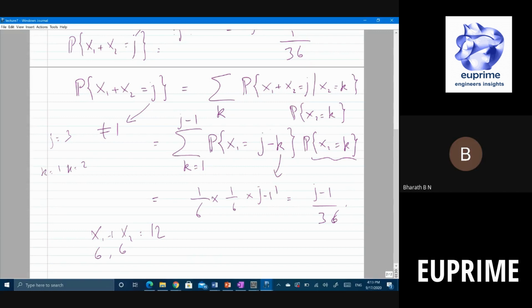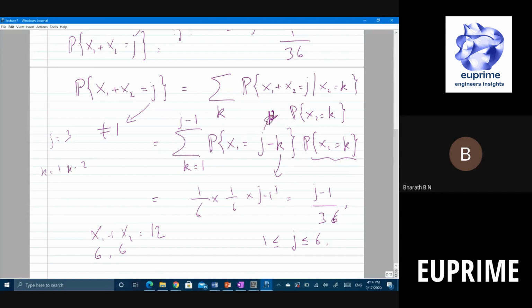Correct. So for example, if j is 12 here, k can go from 1 to 6. This is basically whenever j is less than or equal to 6. If j is greater than or equal to 6, what happens?